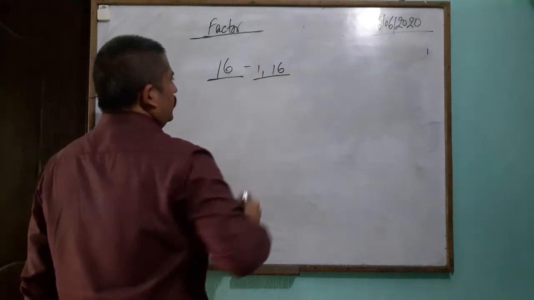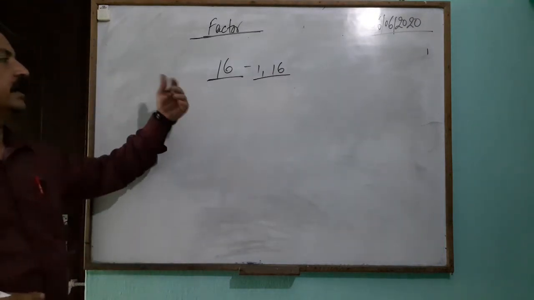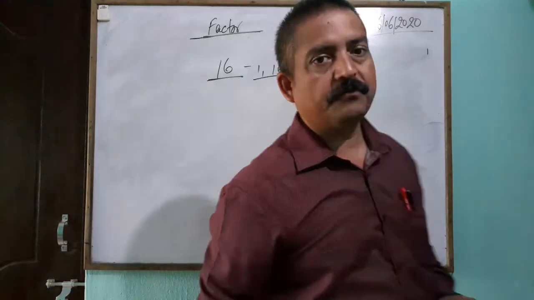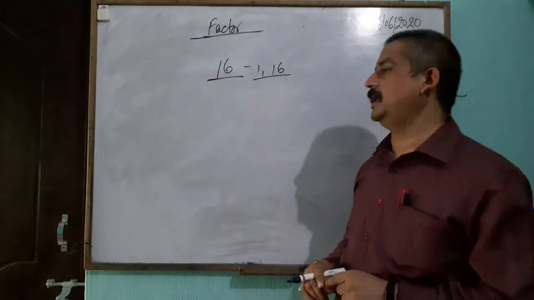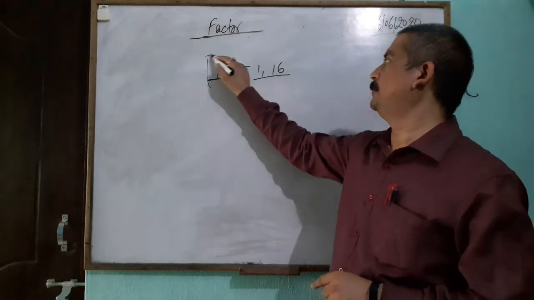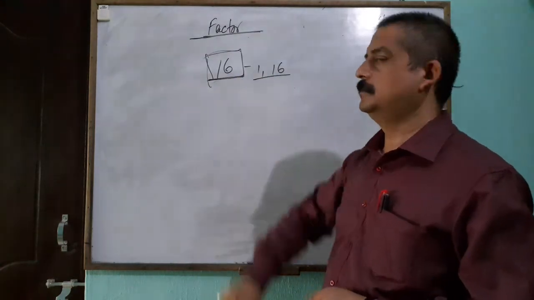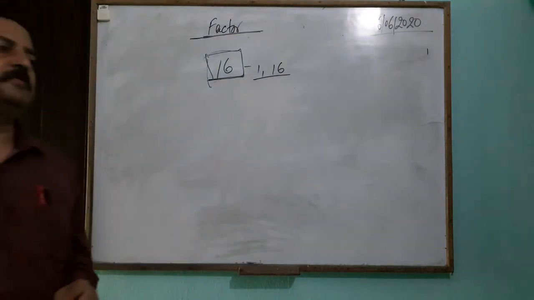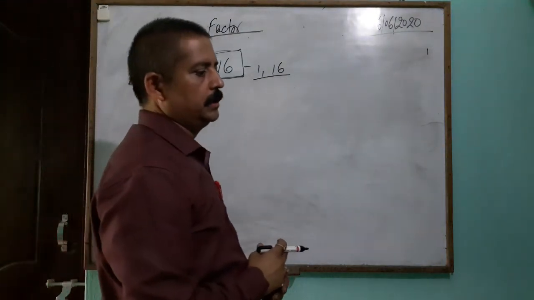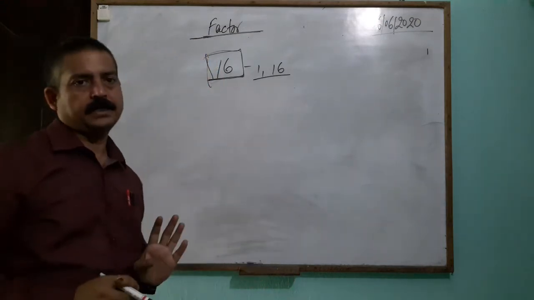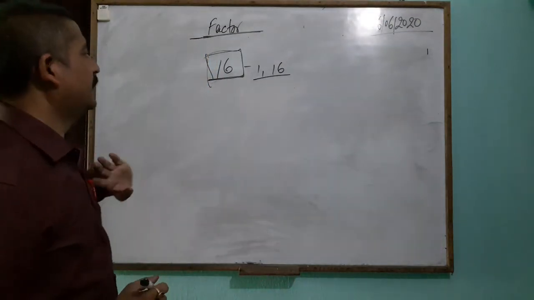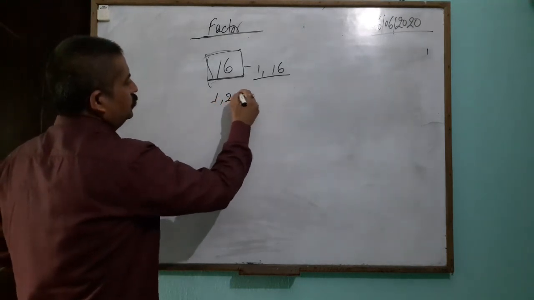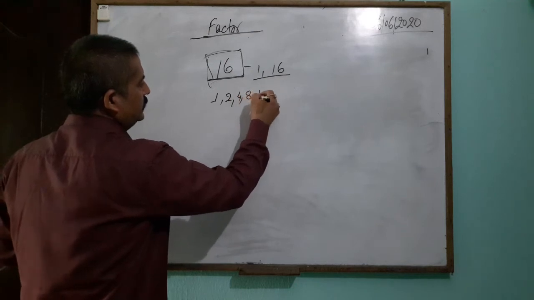If you find any other factors, the factor is a number which exactly divides the given number, exactly divisible, not in decimal, in whole terms. So the factors of 16 will be 1, 2, 4, 8, 16.